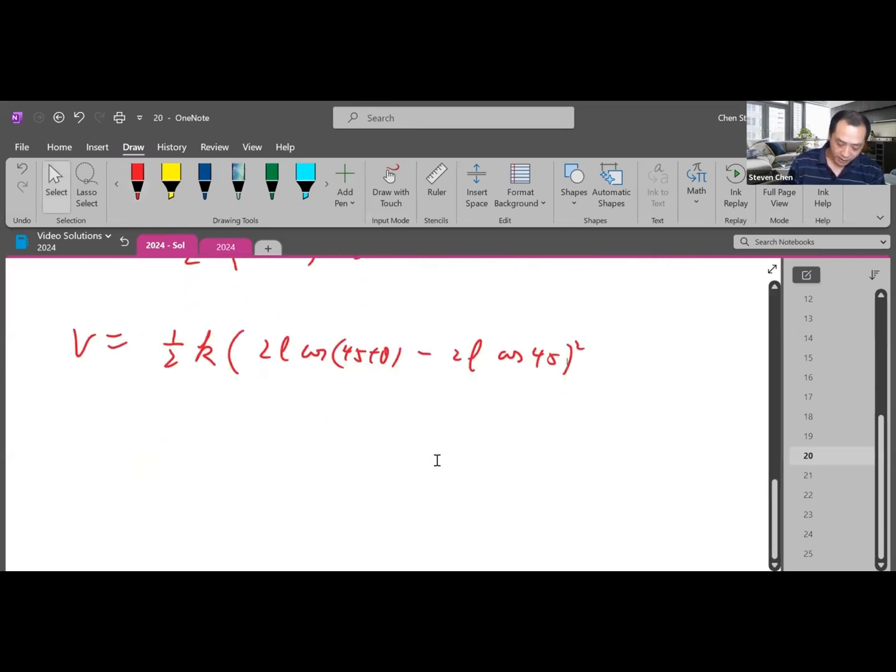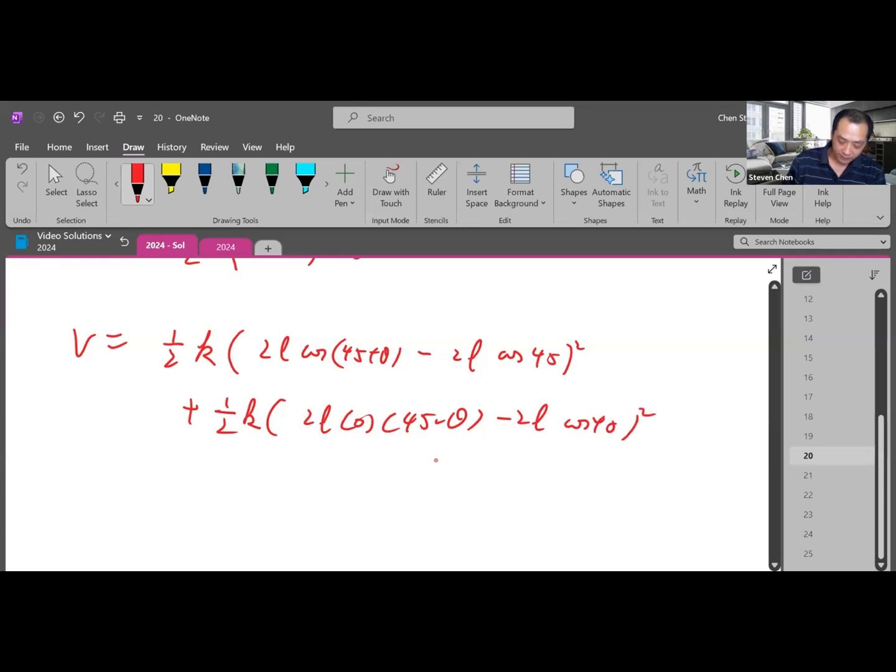Then the potential energy for the vertical spring involves twice L cosine of 45 minus theta minus twice L cosine of 45. We need to make some simplification, and it is essentially equal to KL squared times the quantity cosine of theta minus sine of theta minus 1, squared. This is just basic algebra.